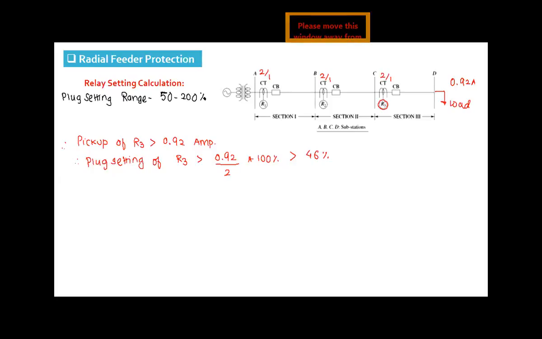in 7 equal steps of 1 ampere. So 50%, 75%, 100%. These are the range available.